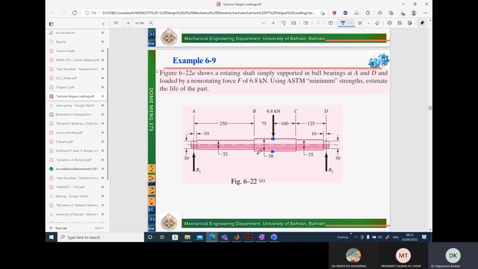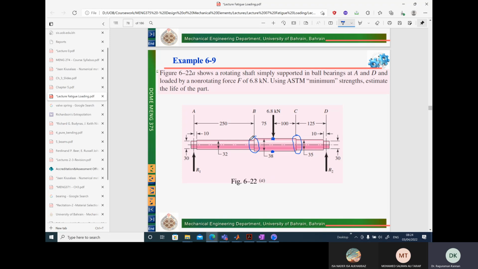Here we need to first identify the critical point. So when you are solving these kinds of problems, you need to find where the stresses could be maximum. Since we have a stepped shaft here, here and here, most probably due to stress concentration effects, the stresses are maximum here or here.